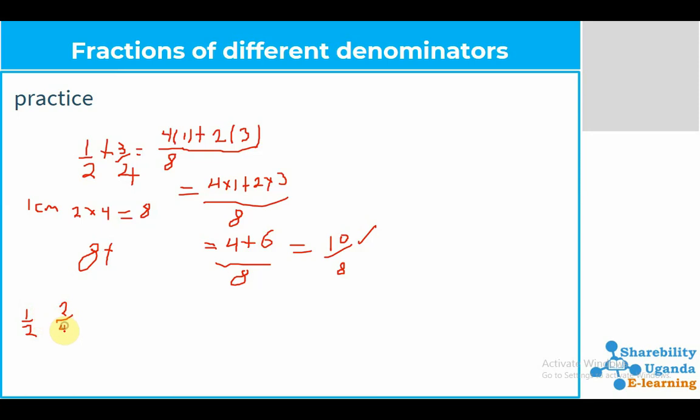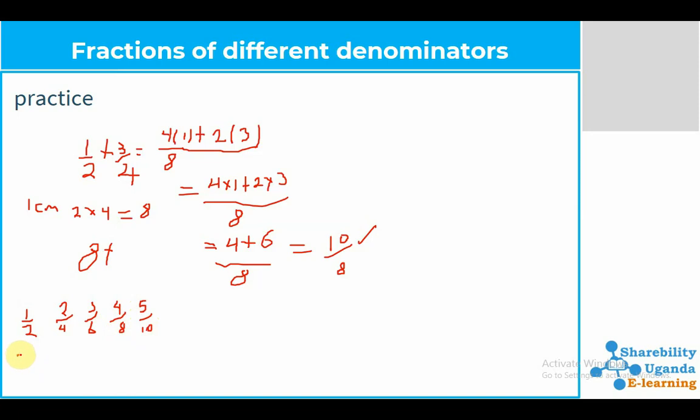Another is 3 out of 6, the equivalent fraction. Another one is 4 out of 8. These are the equivalent fractions. Another one is 5 out of 10. Hope everyone is understanding where we are getting this.